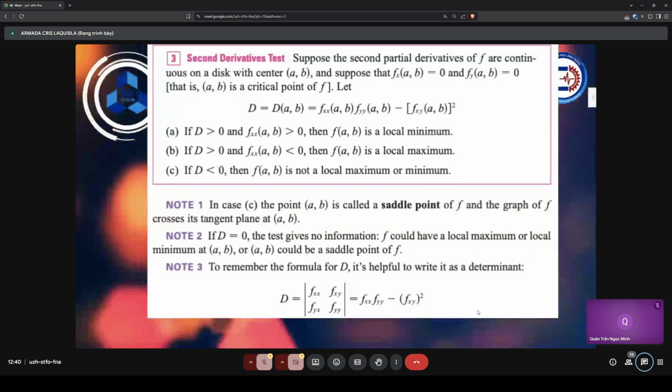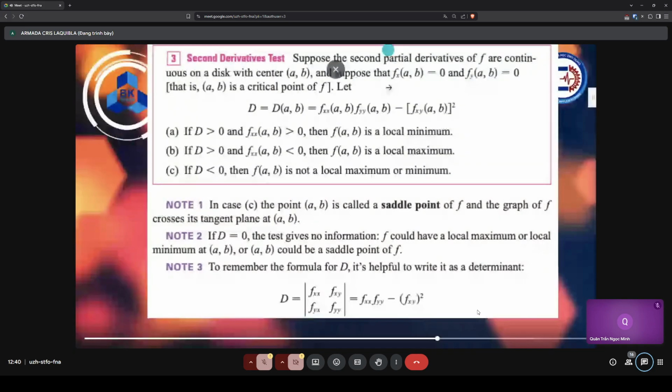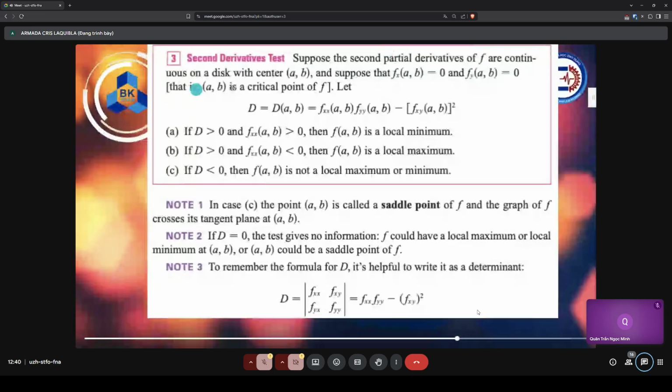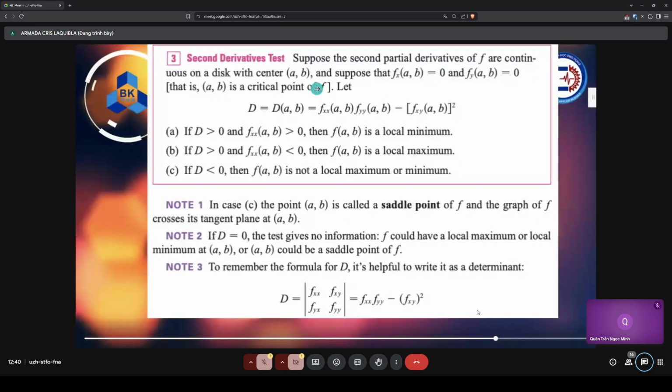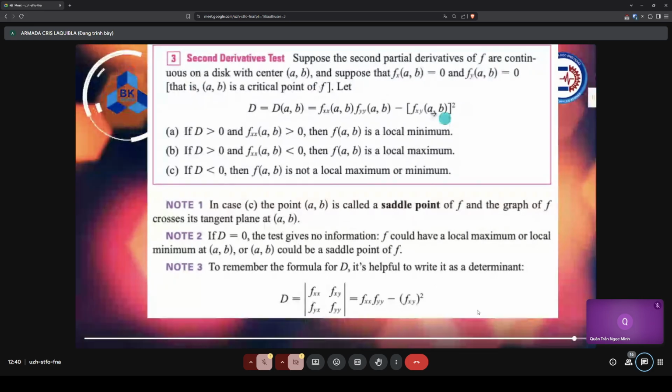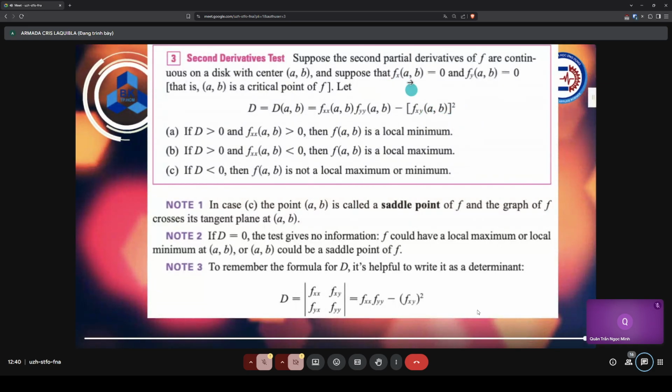Second derivative test. Suppose that the second partial derivatives of f are continuous in a disk with center (a, b), and suppose that fx(a, b) is 0, then fy(a, b) is 0. That is, if this is satisfied, your (a, b) there is a critical point of f.